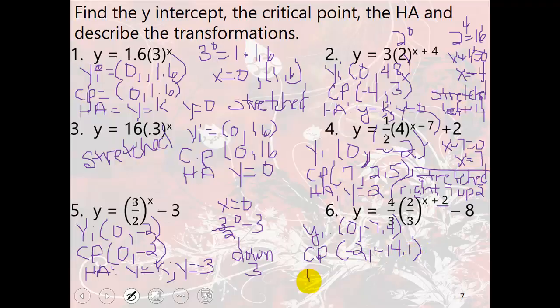And then my horizontal asymptote is y equals negative 8. And this is stretched, because 4/3 is bigger than 1. It is left 2 and down 8.